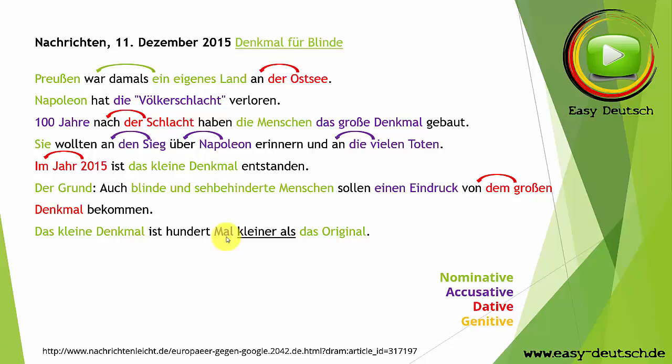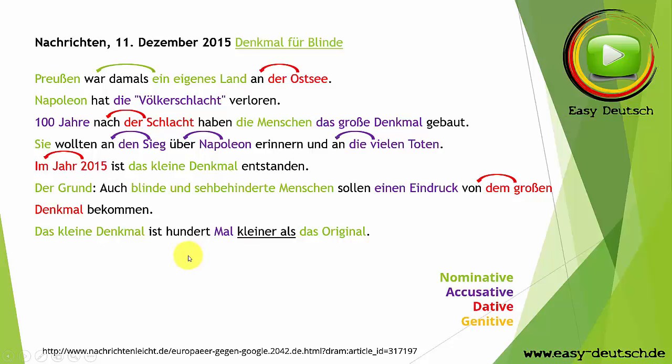We could leave it out and the sentence would still make sense. If we say das kleine Denkmal ist kleiner als das Original, that's still grammatically 100% correct. It's the same here. The supplement about measurements is always accusative as well. The same with supplements about the time.